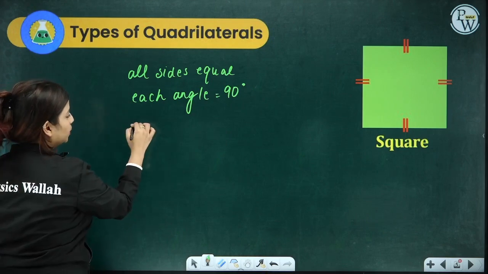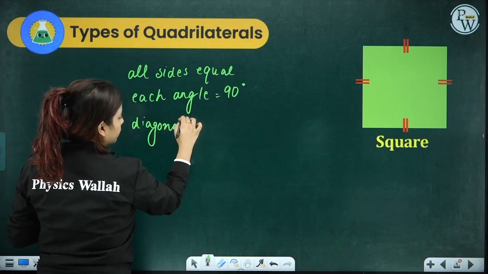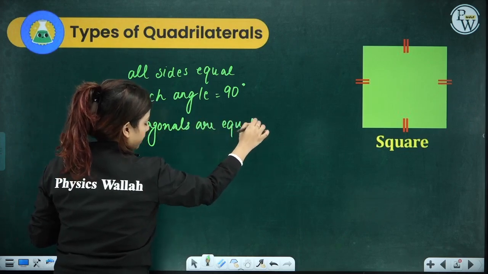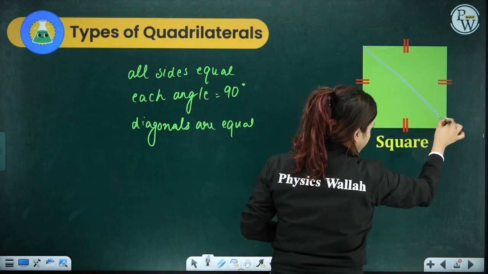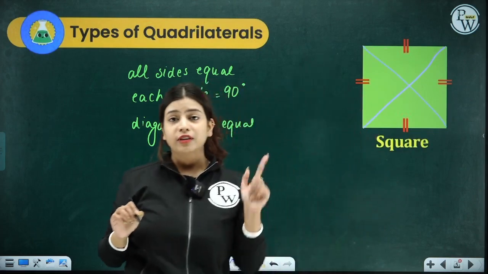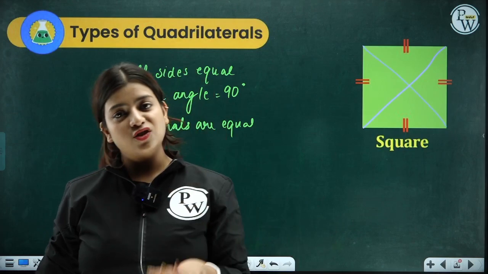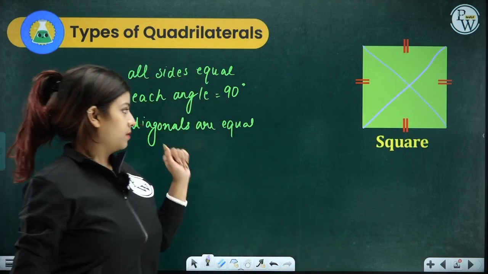We also know that the diagonals of a square are equal, right? When we talk about diagonals being equal, if I join this point to this point, and this point to this point, both of these will be equal in length. That is, sides are equal, each angle is 90 and the diagonals of a square are equal.